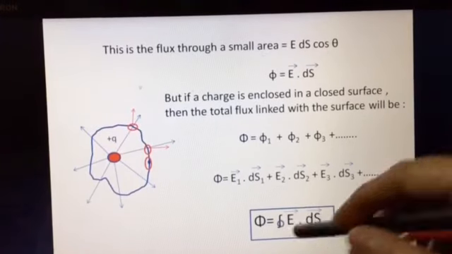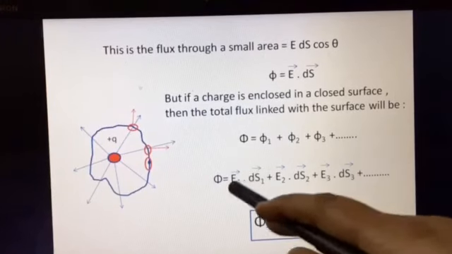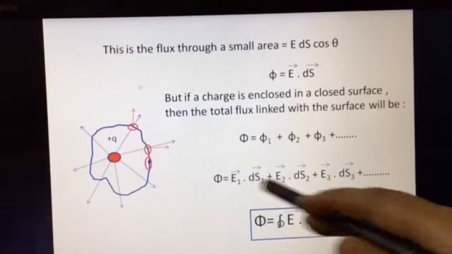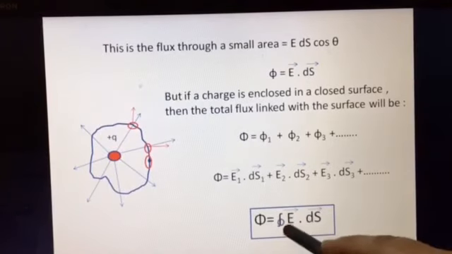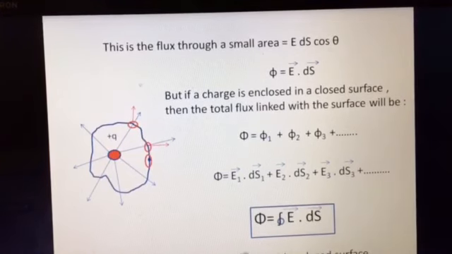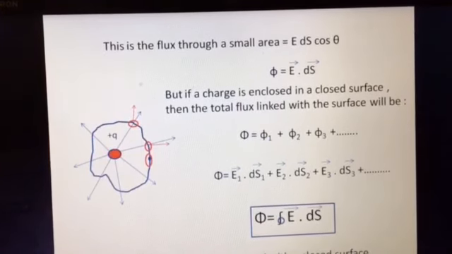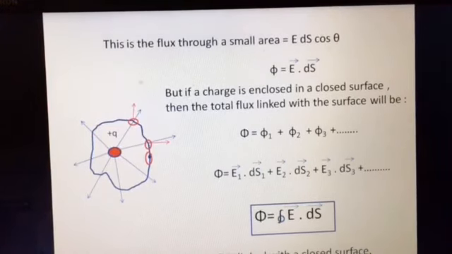So I can write phi as a closed integral, because we are adding these areas over a closed surface, of E bar dot ds bar. This is the expression for the total flux linked with a closed surface due to a charge inside the surface.